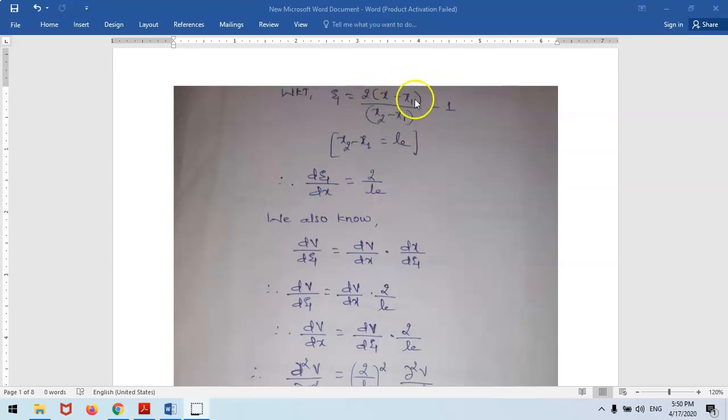We also know that dv by d zeta is equal to dv by dx into dx by d zeta. I have divided and multiplied by dx for dv by d zeta. Already you know d zeta by dx, so if I substitute dx by d zeta, I will be getting 2 by LE.